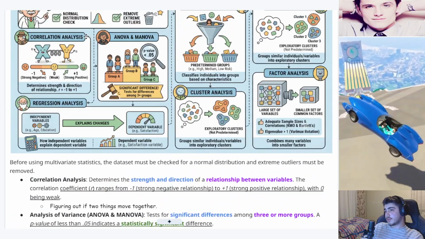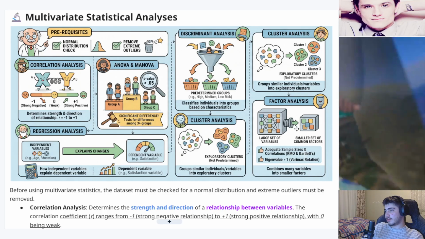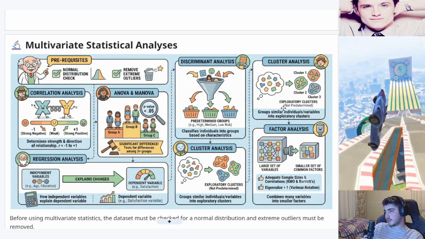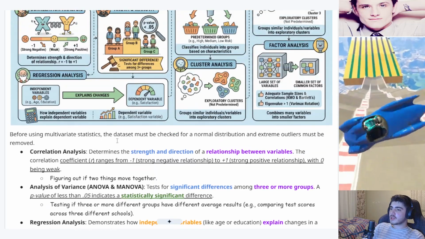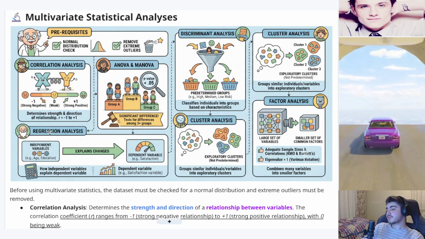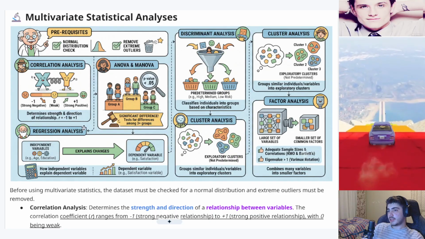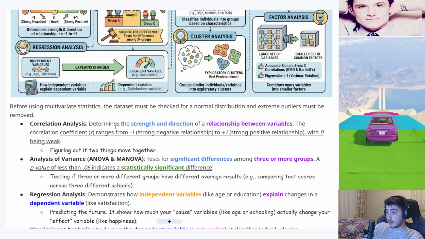Now we have 6 types of analyses, with a duplicate here, which is perfect, just to get it in your mind. So the first one we have is the correlation analysis. It determines the strength and direction of a relationship between variables.